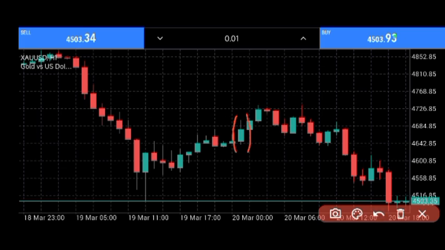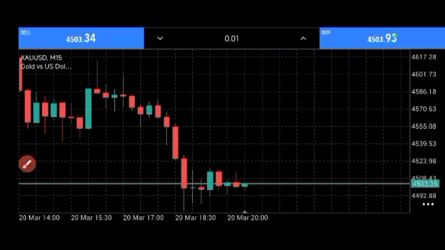This was where the market was ranging upward. There was a breakout up to that level, and it came down a little bit and was ranging, just like I said earlier on the 15-minute time frame. So let's go back to the 15-minute time frame. It's going to be the same thing.